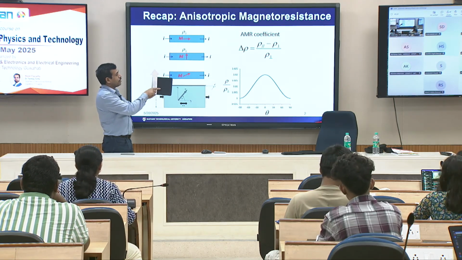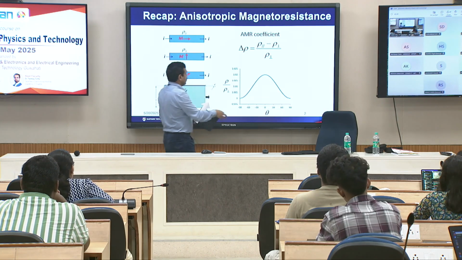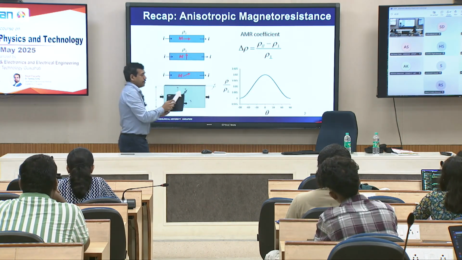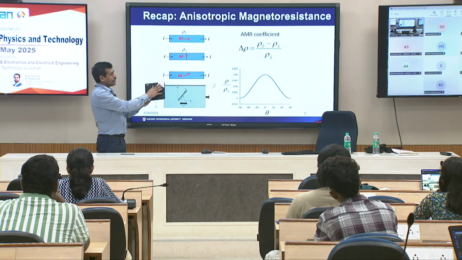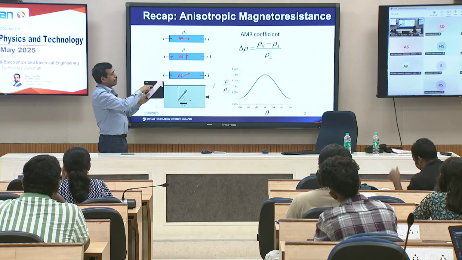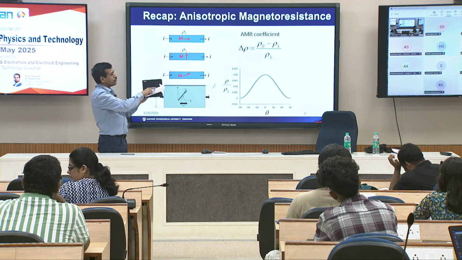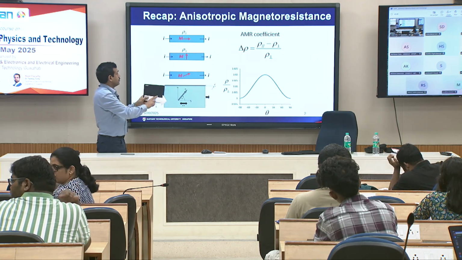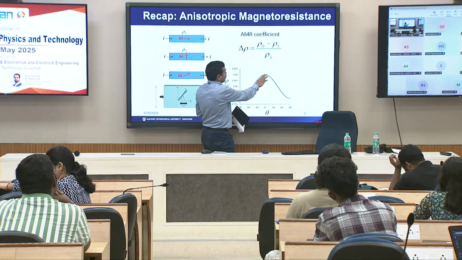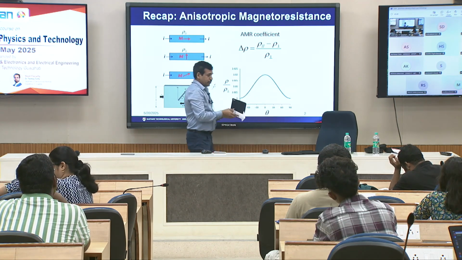So, when the magnetization and current are perpendicular, we have a low resistance state. Now, when there is no magnetic field, it will come back here, and if there is a magnetic field in the down direction, it will force this magnetization to rotate towards this direction. So, now the magnetization and the current are parallel, we will have the high resistance.